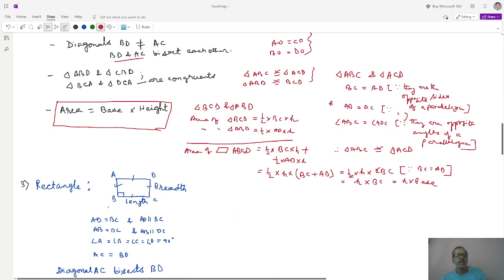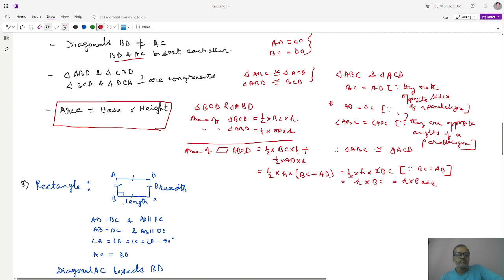Now we will come to the rectangle. A rectangle is also basically a parallelogram, a quadrilateral which has opposite sides parallel and equal, and all angles of 90 degrees.